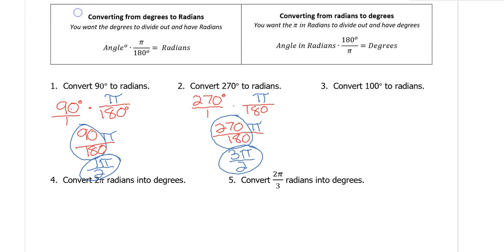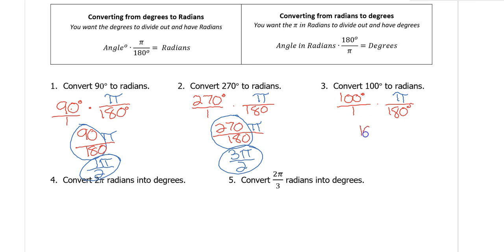Our last one is 100 degrees. All right, again, since it's degrees, the degrees has to go on bottom to cancel out, and then the pi goes on top. So I have 100 degrees times pi over 180 degrees.